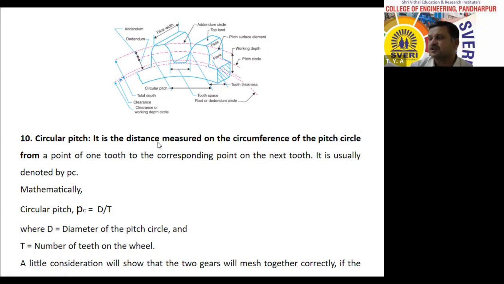When two gears are in contact with each other, always remember their circular pitch is the same. If the circular pitch is not the same, the two gears will not be in contact with each other. Remember always.